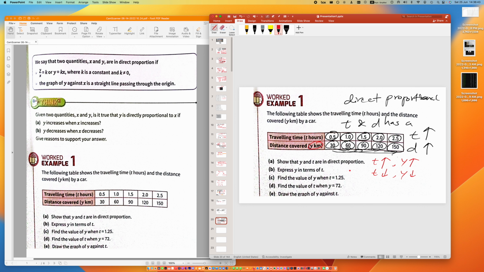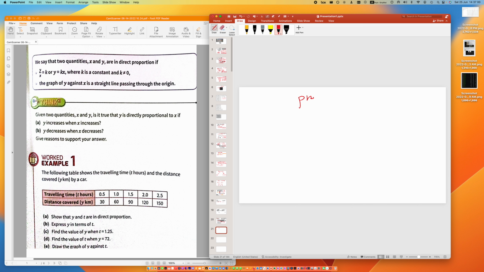In fact, for a direct relationship or direct proportional relationship, there is a formula. Next time when you talk about proportionality, I'm going to give you a summary, just remember 2 cases. Direct proportional relationship, direct relationship, direct proportion, they mean the same thing.